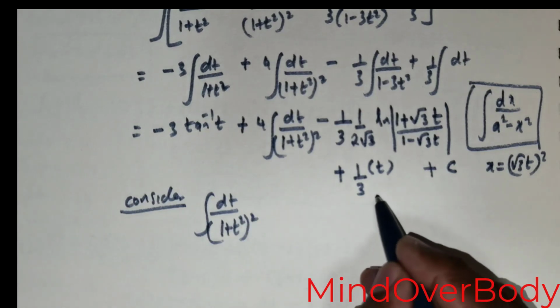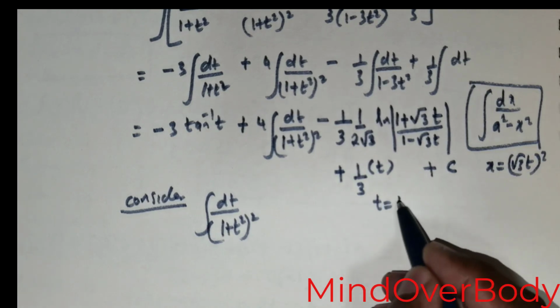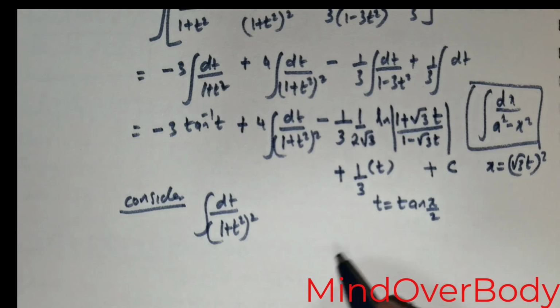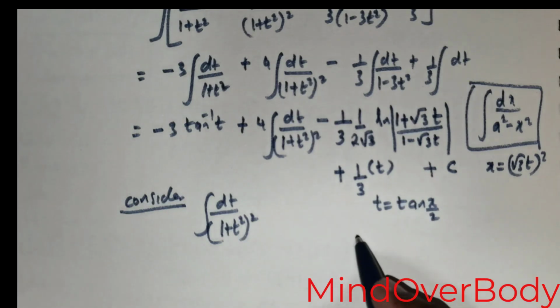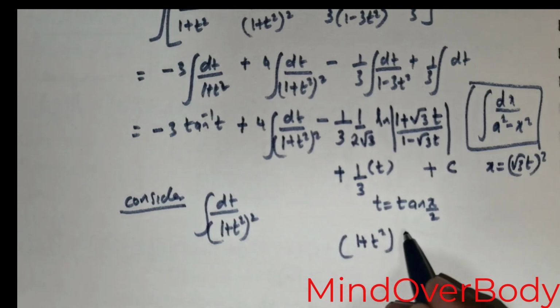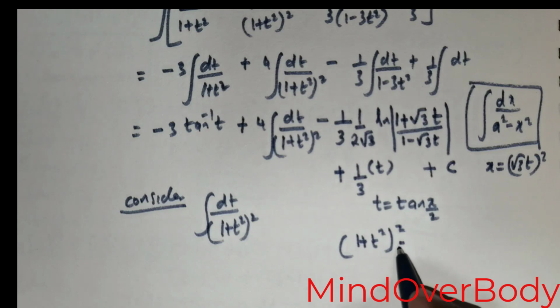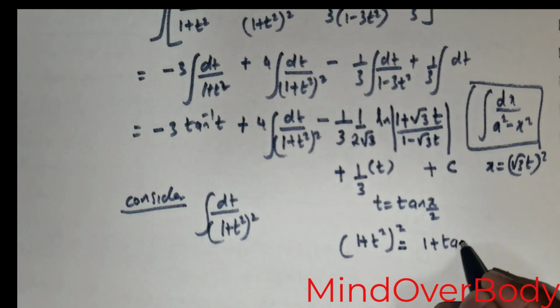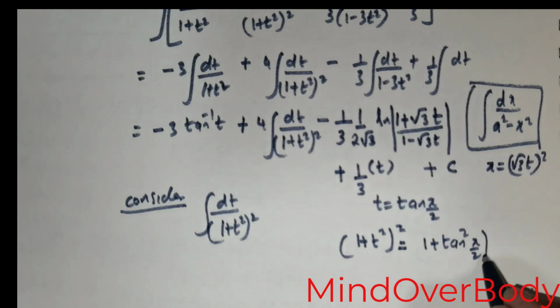Now you know that we actually started by taking t is equal to tan of x over 2. This is what our t is. Now if I were to substitute that, my 1 plus t squared raised to the power of 2 is equal to this is going to be 1 plus tan squared x over 2 raised to the power 2.